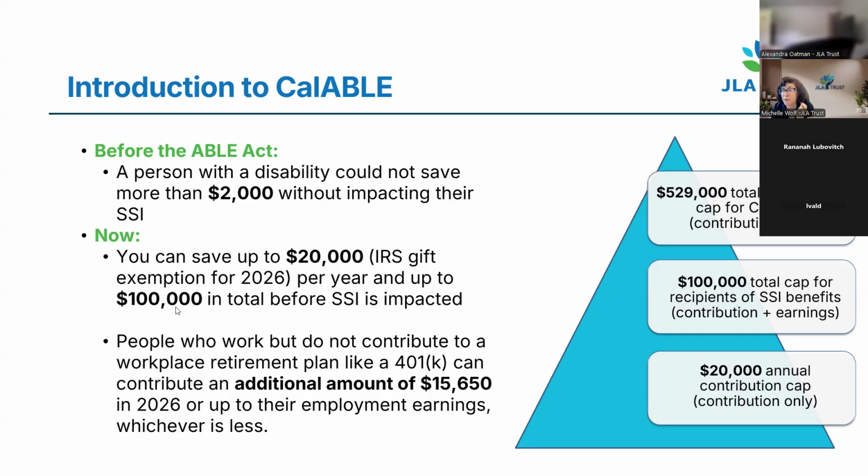You can go all the way to $100,000 without impacting your SSI. If someone works and is earning income, they can contribute an additional $15,650 in this calendar year. And so you see in this diagram, you can go all the way up to $529,000 and still keep your Medicaid. You can go up to $100,000 and keep your SSI.